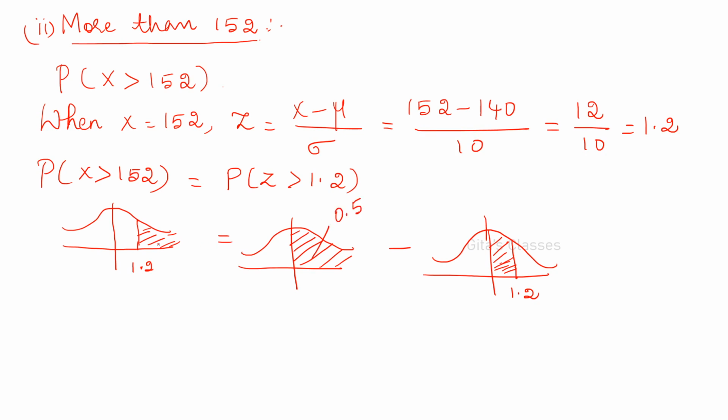Whenever you want to make use of the table, you have to express in terms of 0 to z. So the entire right area is 0.5, and I am going to subtract the area from 0 to 1.2.